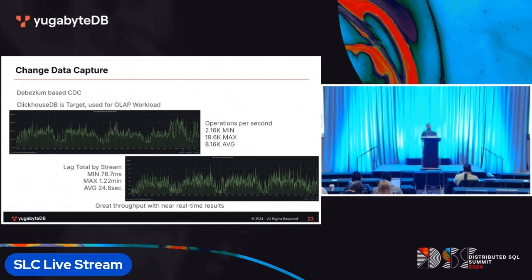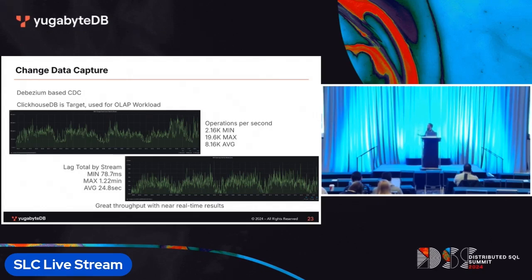As I mentioned, we were an early adopter of Yugabyte's implementation of CDC. We piloted it, we tested it, and it's been GA for some time now. That allows us to move data from YugabyteDB through Kafka to ClickHouse DB for the OLAP workload.